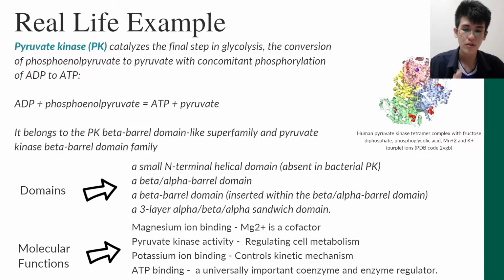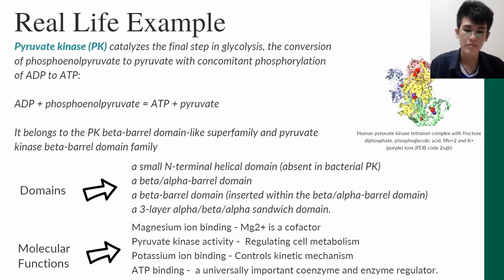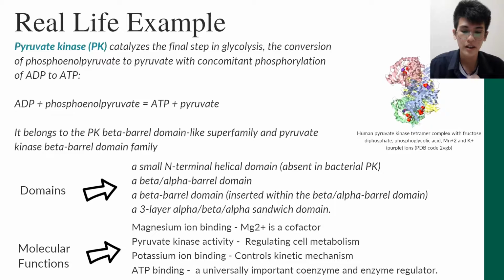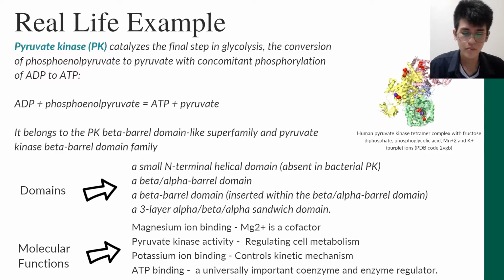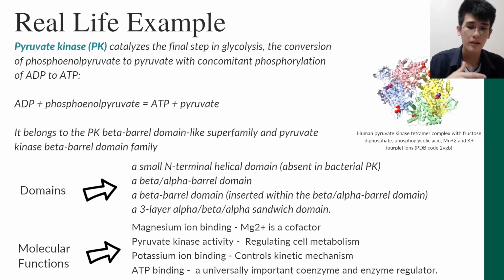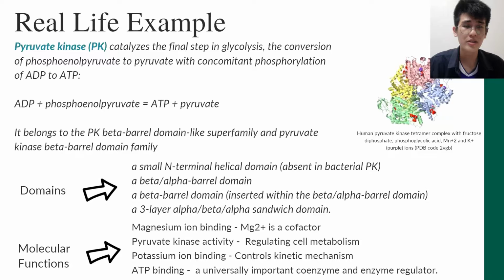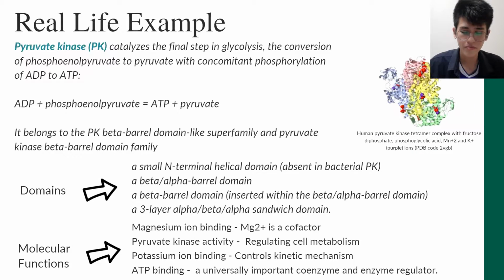So there are four domains: a small N-terminal helical domain, a beta alpha barrel domain, a beta barrel domain, and a 3-layer alpha beta alpha sandwich domain. So these are the long names actually, but if you do more research, it's actually just domain A, B, and C, but there's a really long name for that.